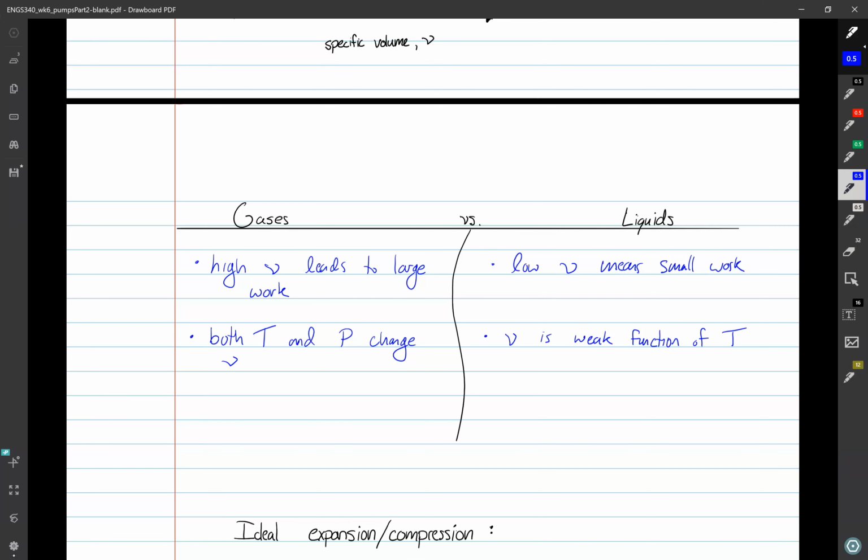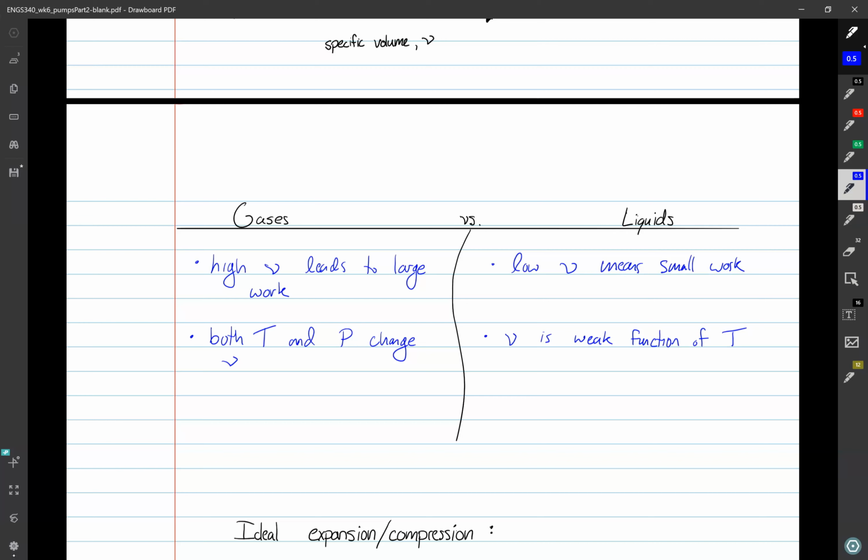I encourage you to go back and look at your steam tables and check out how this works. Look at the specific volume at a single pressure and see how it changes as you change the temperature of the liquid. It will change a little bit. How does that change for a gas? Go to the superheated vapor tables, where we have just a normal gas.